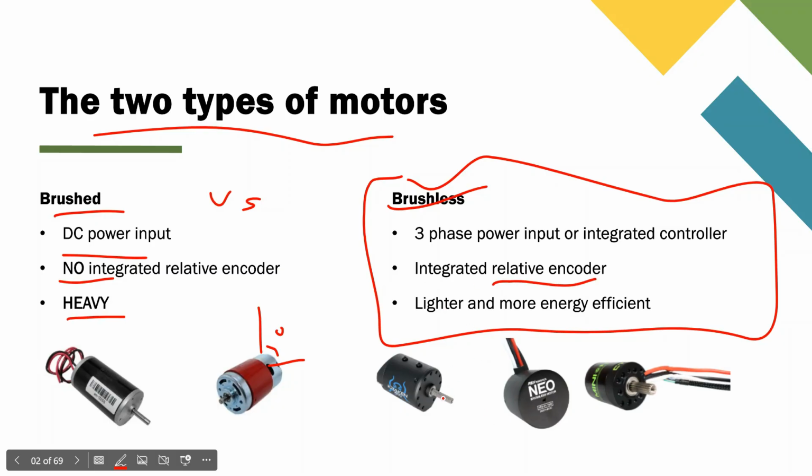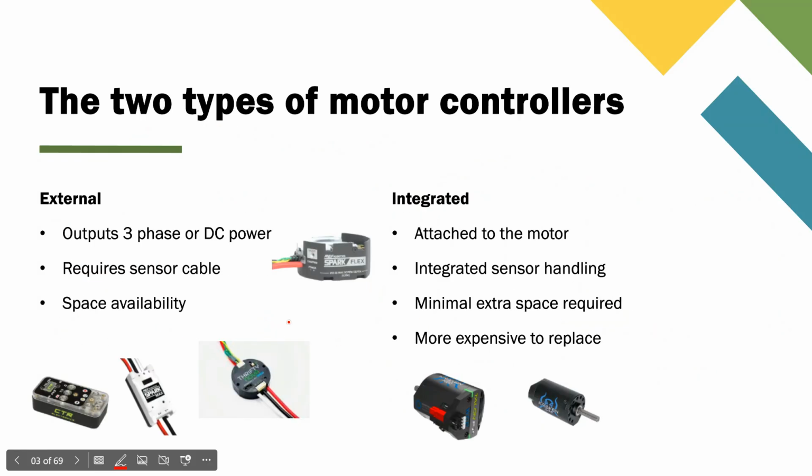You wouldn't see these motors with an absolute encoder, but some teams use them for their arms or whatever, and they can still get an accurate angle reading from this, because they may have a hard stop or whatever. Either way, they have some kind of method to read the spins, any sensor units that are on this motor. They're also lighter and more energy efficient compared to brushed motors.